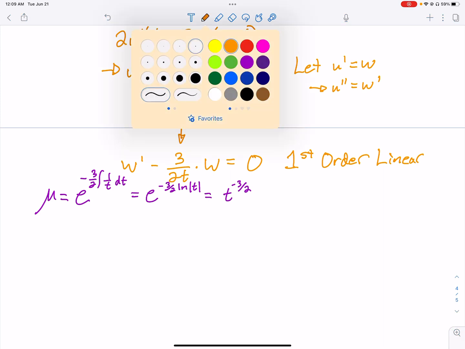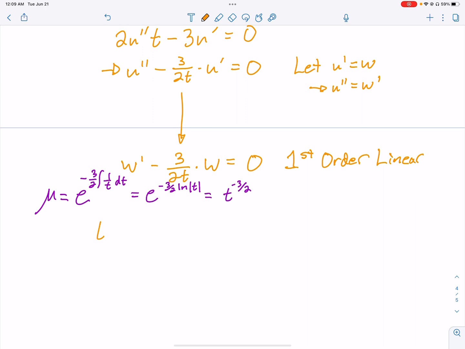So I'm going to multiply my dE now by that. T to the negative 3 halves times w prime minus, okay, so this has to be multiplied by that. We still have minus 3 over 2, but we're going to have a 3 over 2, and then the negative makes it go down. That's a 1 on the bottom. It's a t to the 5 halves on bottom times w equals 0.